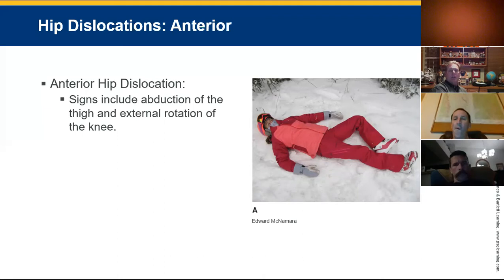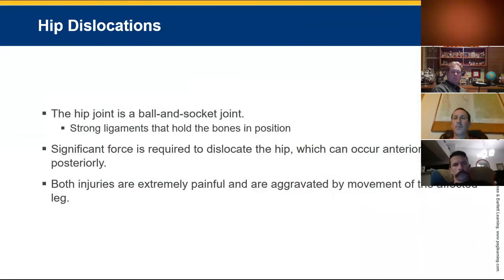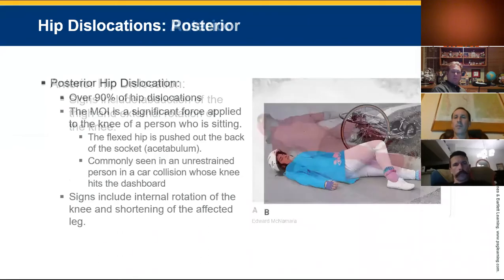You look and notice that the legs are usually side by side together, but the first thing you notice is the leg is turned outward and it's obviously shorter than the other leg. Go ahead.